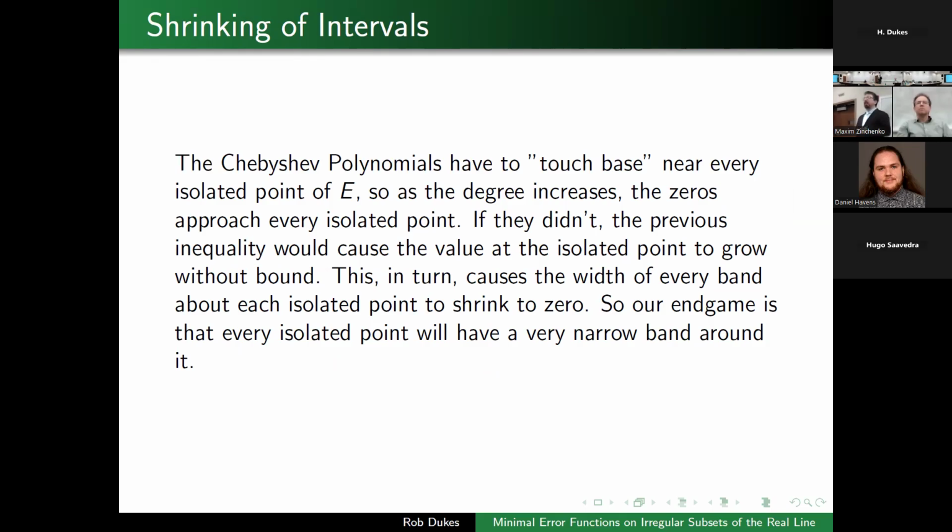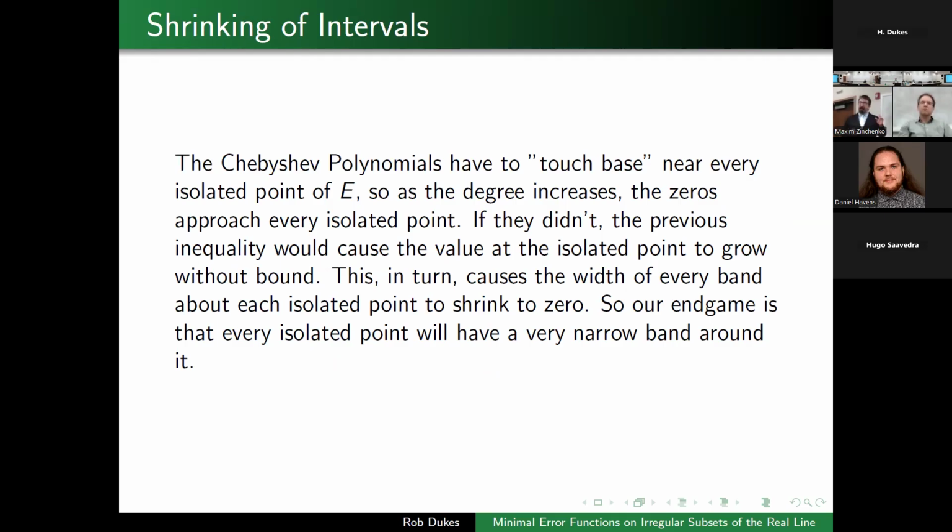So you've got all your isolated points. If you had a third degree polynomial, it might just pass through a whole bunch of them all at once. But as the degree increases, it's going to have to keep going up faster and faster to hit every isolated point, and it's going to have more and more turnarounds. So as the degree increases, every isolated point will be the limit of the sequence of zeros, maybe two zeros, but at least one.